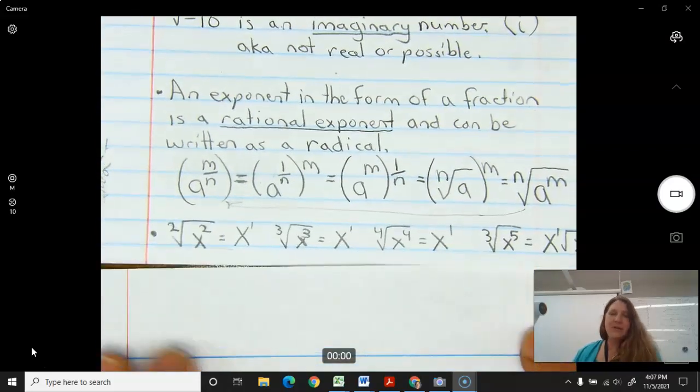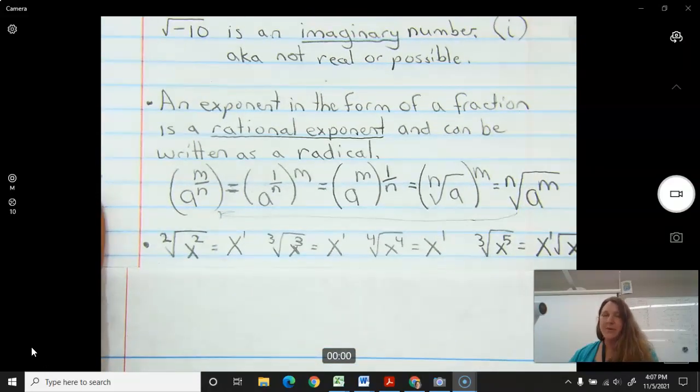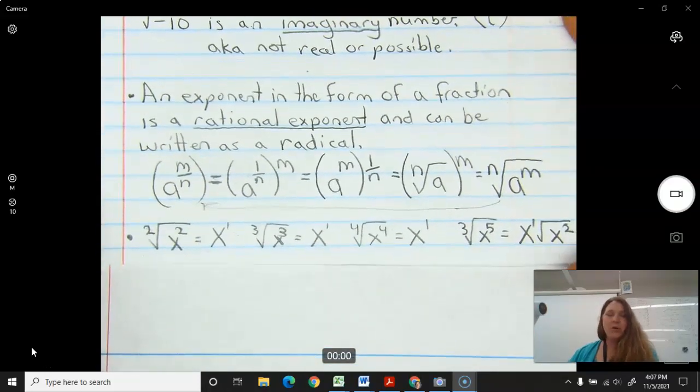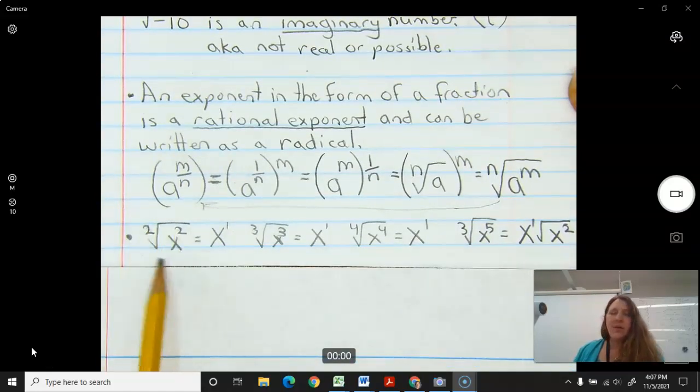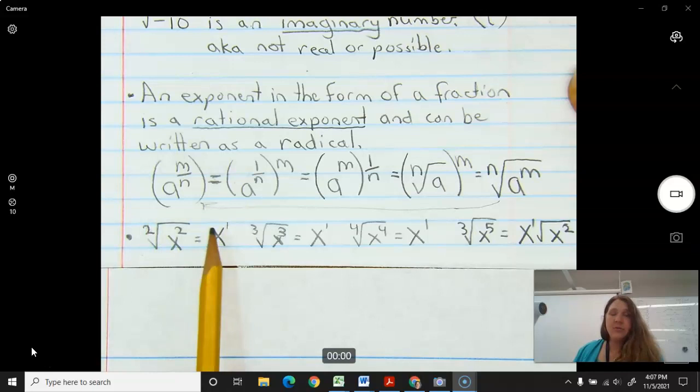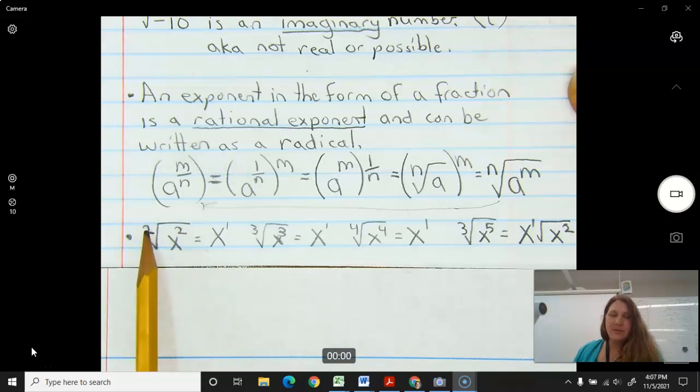And last but not least, of some of the basic components needed for working with square roots is our initial perfect radicals. So if x is raised to the second power, and it's the second radical out here, then that equals x to the 1.